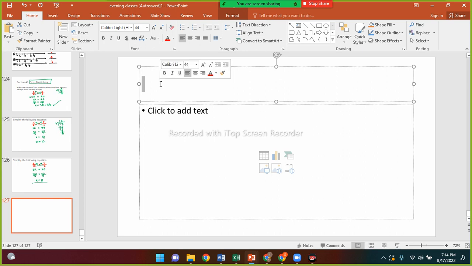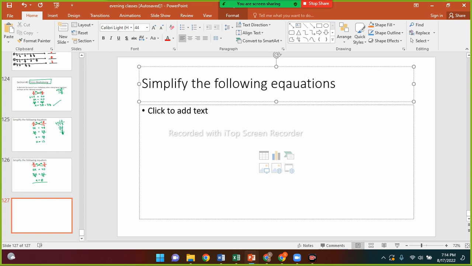Simplify the following equations by cross multiplication.